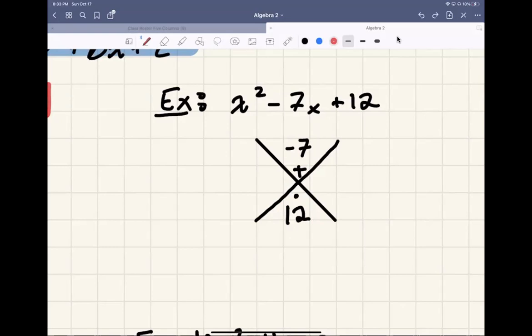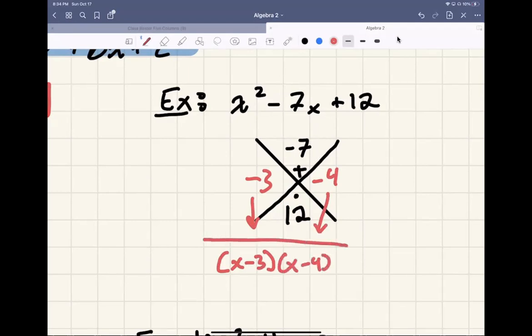So let's try negative 3 times negative 4. Negative 3 times negative 4 is positive 12, and they add up to negative 7. So that means our factors are going to be x minus 3, because it's a minus, times x minus 4. And that's going to be our answer. These are our factors.